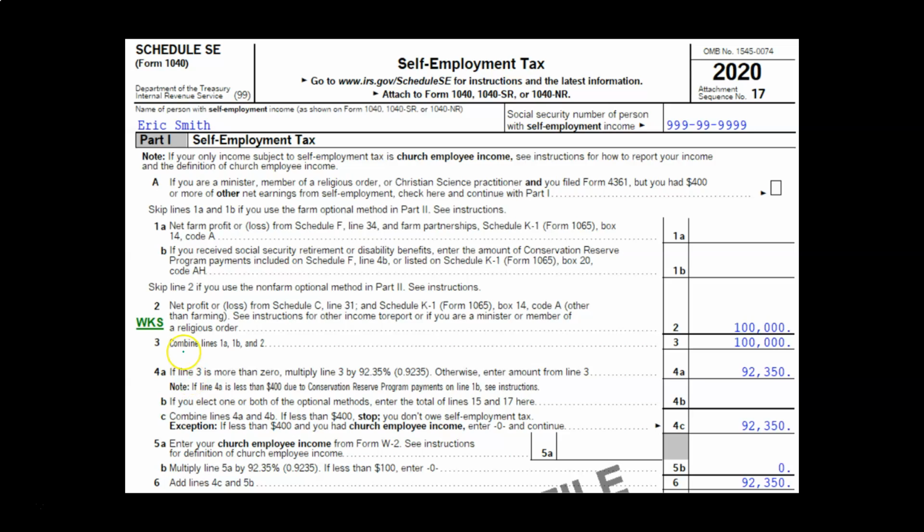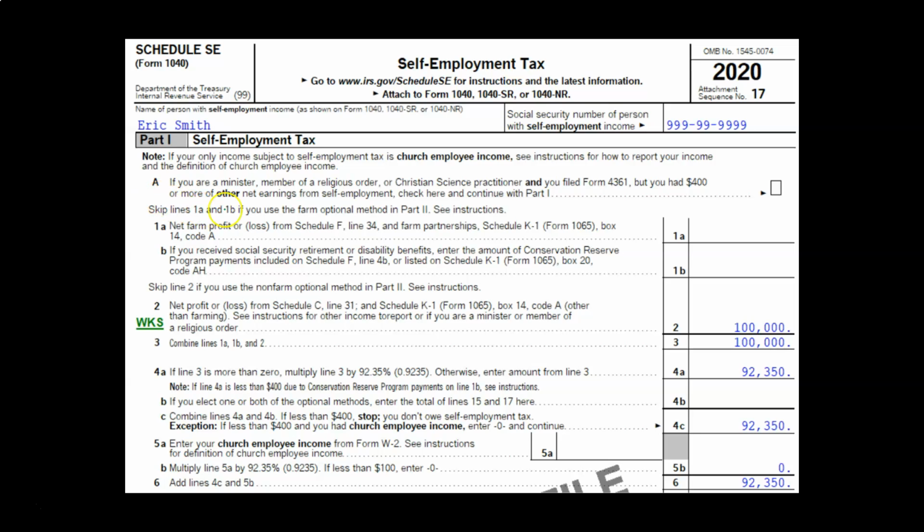So here's what the actual Schedule SE looks like. This is the 2020 Schedule SE. So we saw on the Schedule C, we had net income of $100,000. Let's just read through this real quick, and we'll take a look at it in more detail in a future presentation when we actually do this in the tax software.